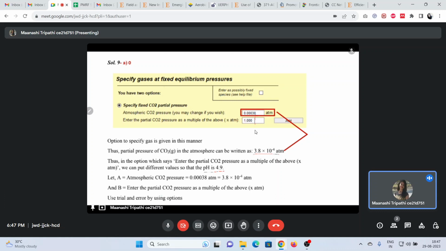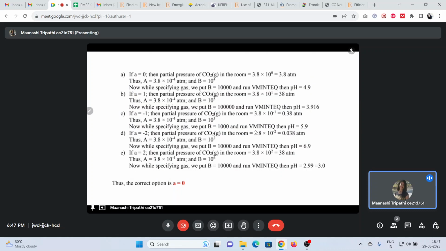Let A be equal to this partial pressure, and for B we have to enter the partial pressure at x atm. We have to use trial and error, doing multiple iterations to get the pH as 4.9. These are the various iterations that we have tried.